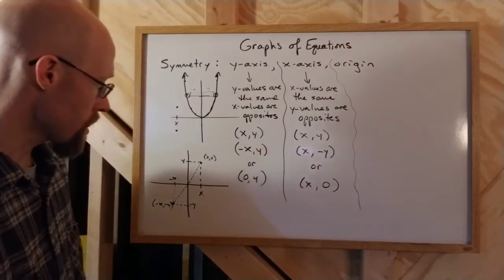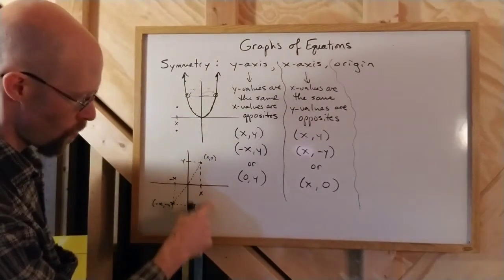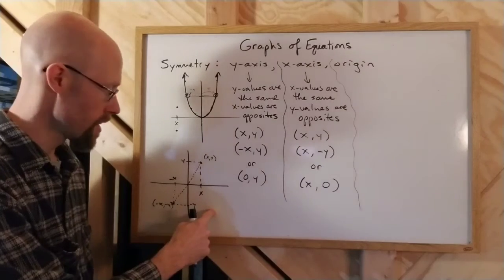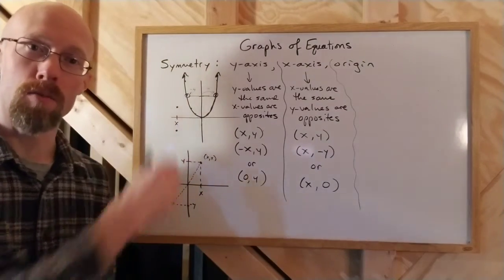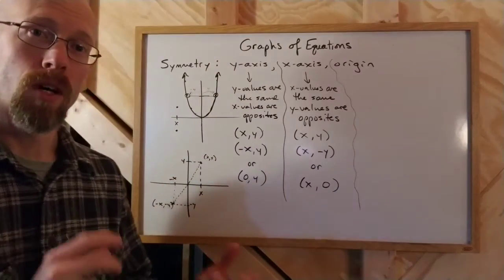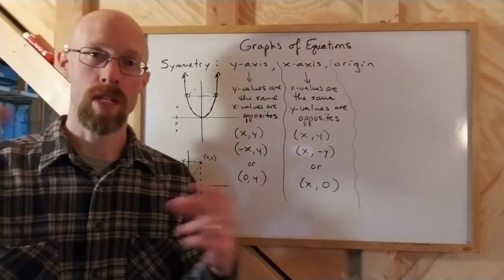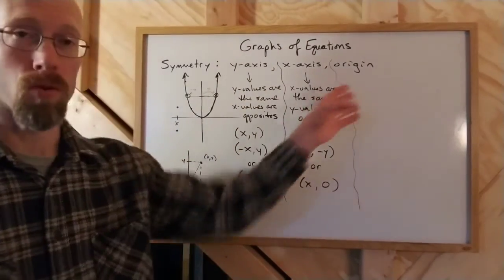Now, it could be the case that one of those was negative to begin with. So you could have the x, y down here in the fourth quadrant, in which case the negative x, negative y would be up in the second quadrant. So it doesn't have to be first to third. It could be fourth to second or second to fourth. It doesn't matter. But every point moves diagonally across the quadrants instead of horizontally and vertically with origin symmetry.